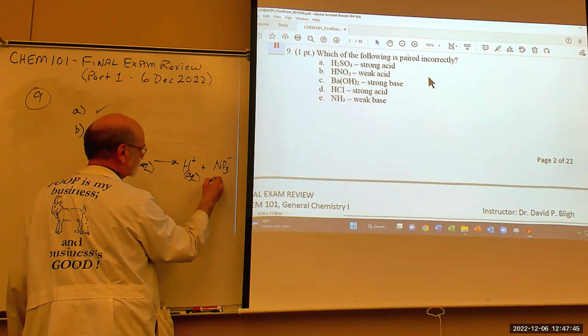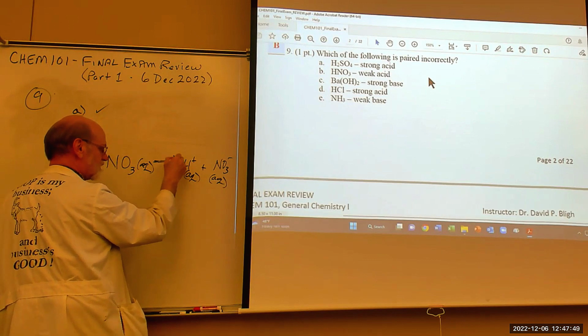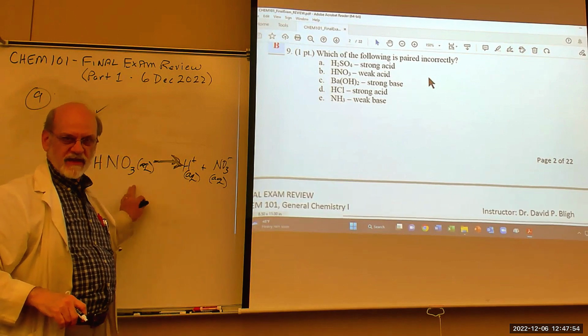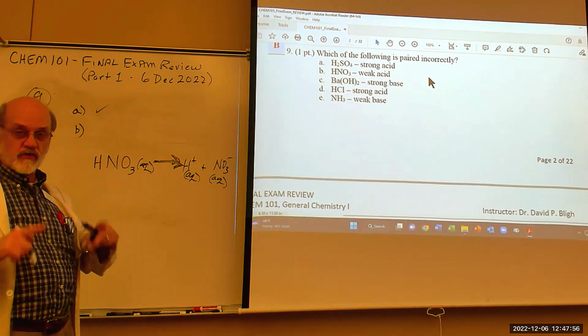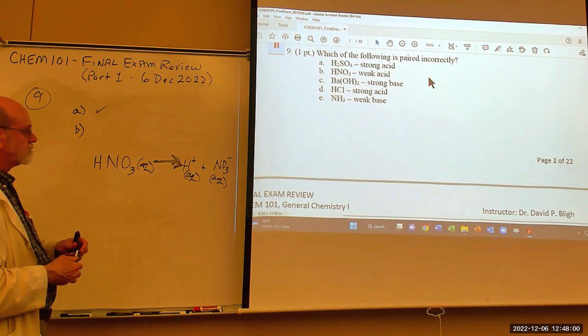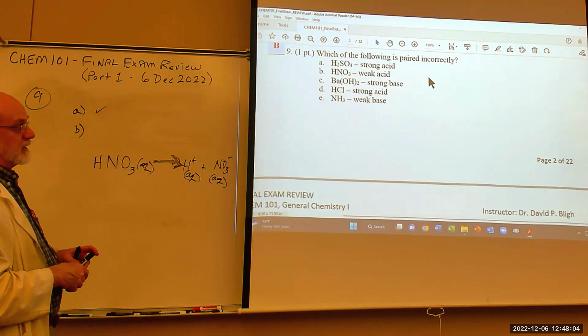Aqueous solution. Virtually all of it goes to this side. None of that's left. That is a strong acid in chemical terms. So B is the one that's not paired correctly.